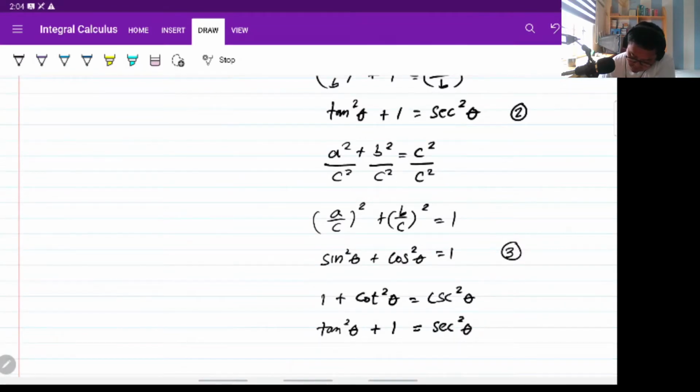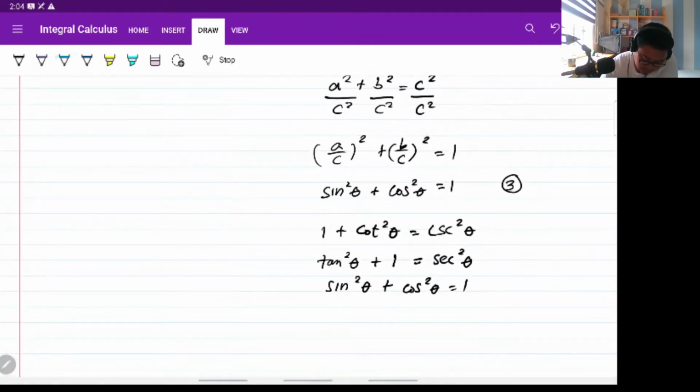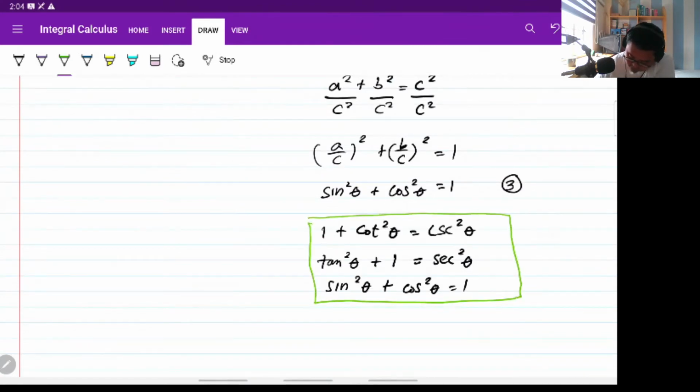The third one is sine squared theta plus cosine squared theta equals 1. So this is now our summary of trigonometric identities, no? That can be used in this integration.